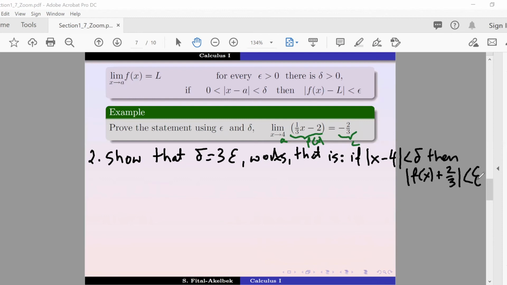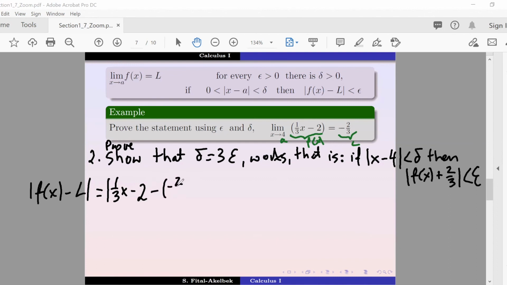To prove or show that means we assume this, and we need to show that this holds. So we start with f of x minus L, and substitute. What is my f of x? f of x is 1/3 x minus 2 minus negative 2/3, which is plus 2/3, right?